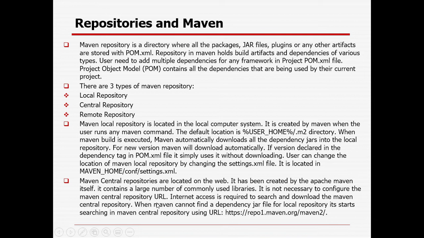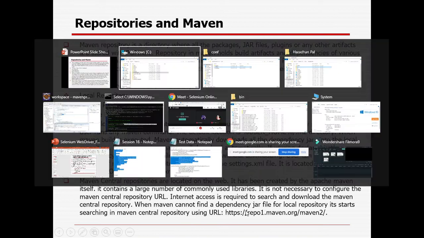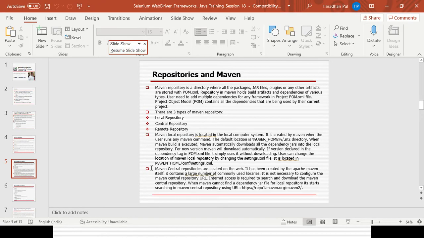When Maven cannot find a dependency jar file, it starts searching in the Maven central repository. First it will go for the local and then it will go for the central. So this is the path. If you go to that path, you can find all the jar files, and from here it is updating all the jar files.